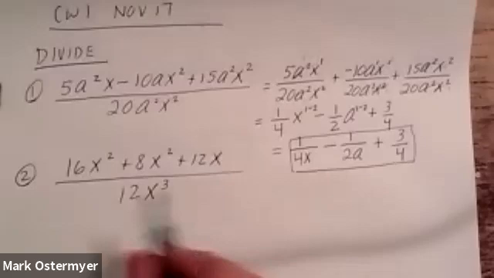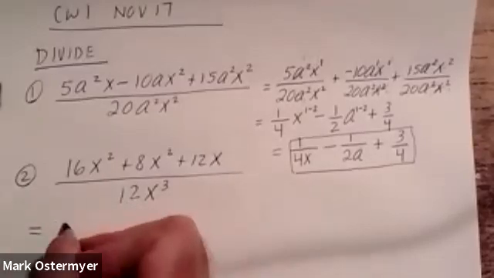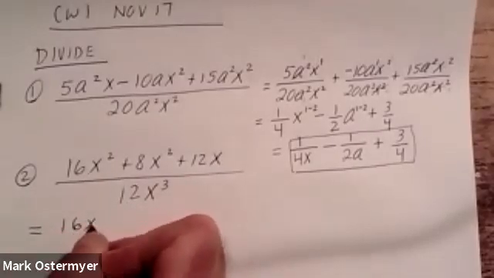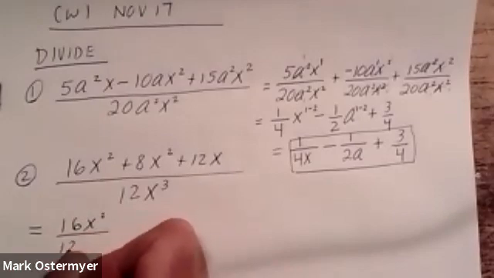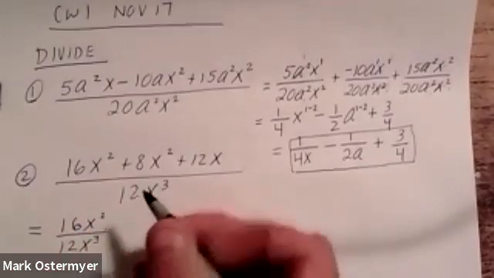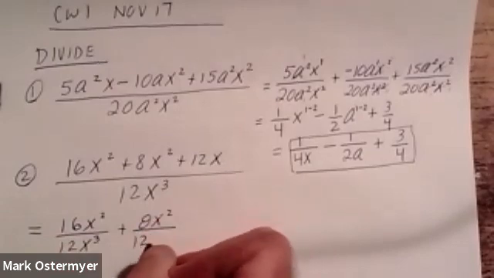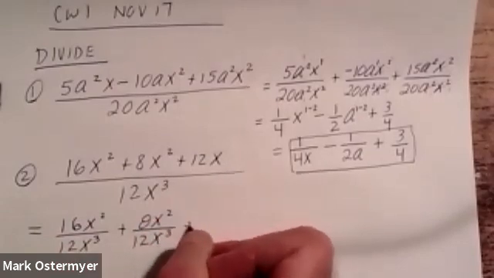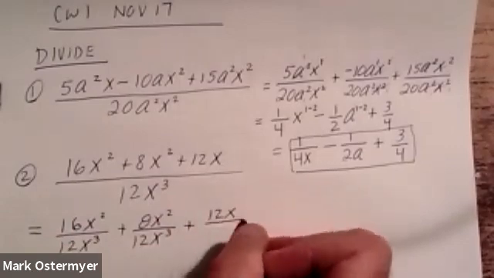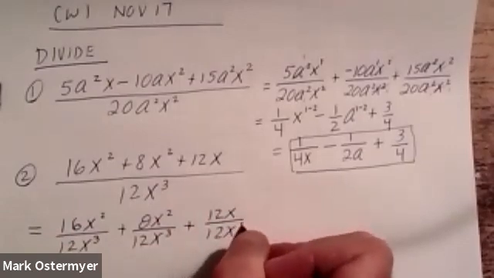All right. Well, this one here, we split this up. We put 16x squared over 12x cubed plus 8x squared over 12x cubed plus 12x over 12x cubed.